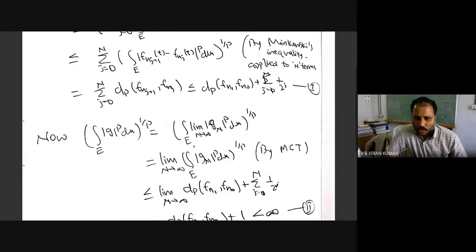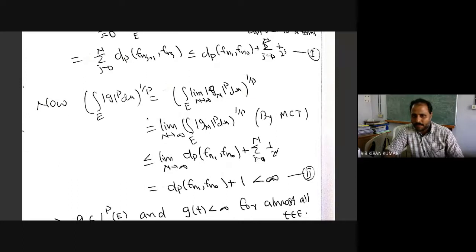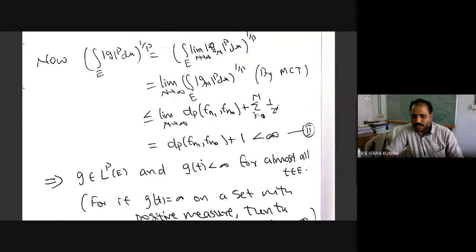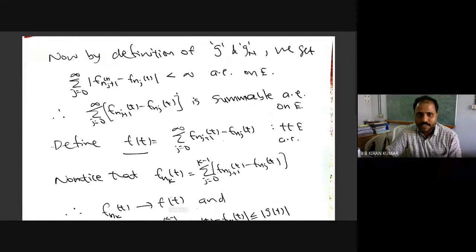Okay, so you agree that G is in Lp. Therefore G is finite for almost all t. So the advantage is that you have an absolutely summable series here, except on a set of measure 0, and therefore it is summable. Every absolutely convergent series of complex numbers is convergent. So you have a convergent series here.